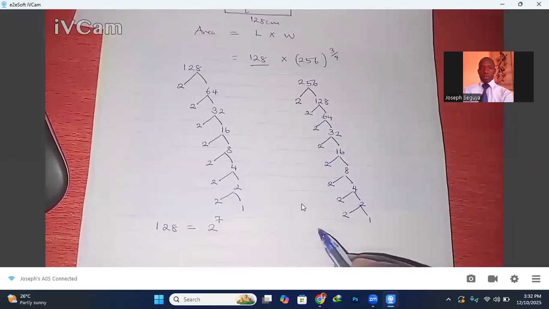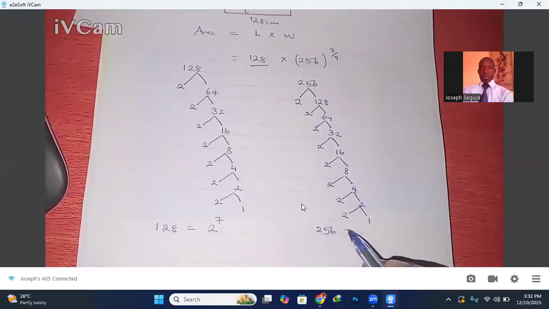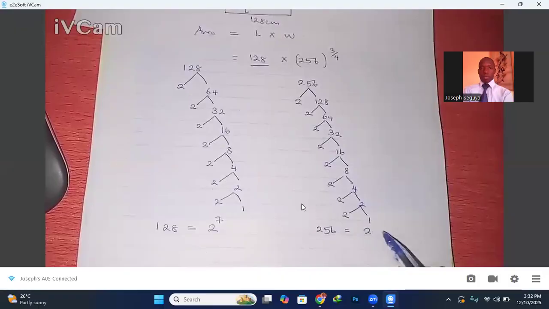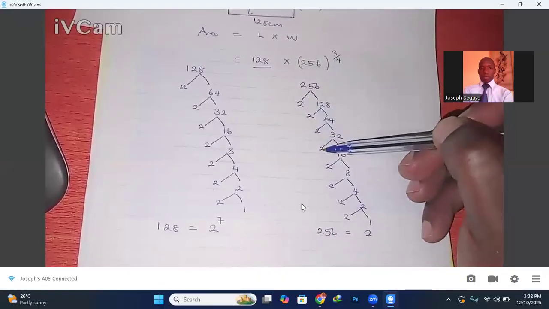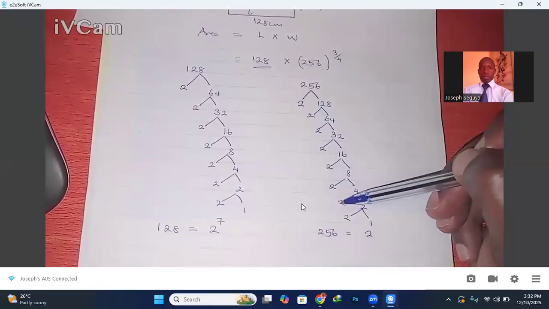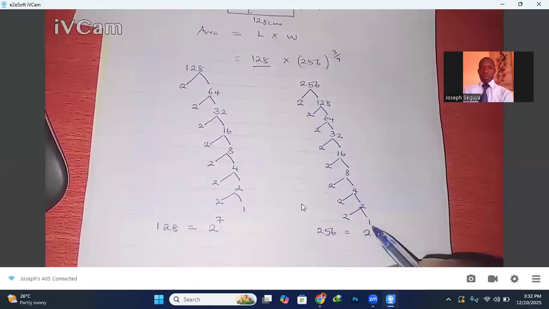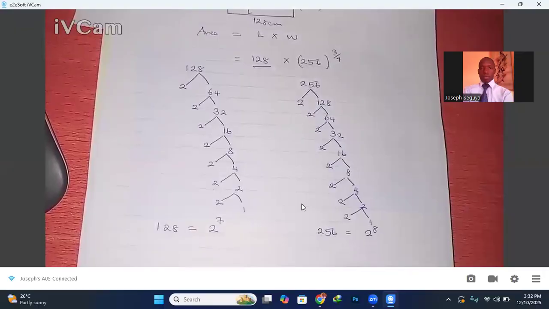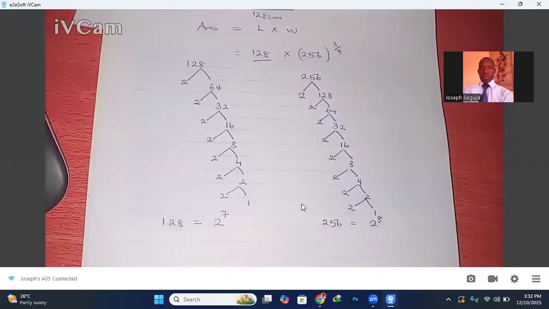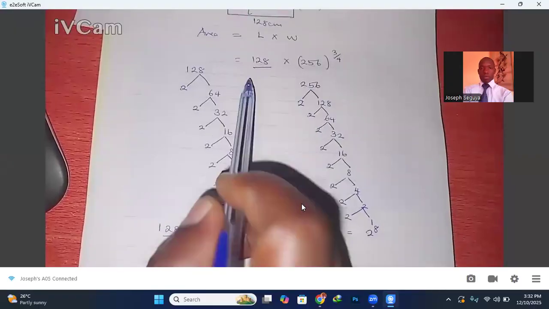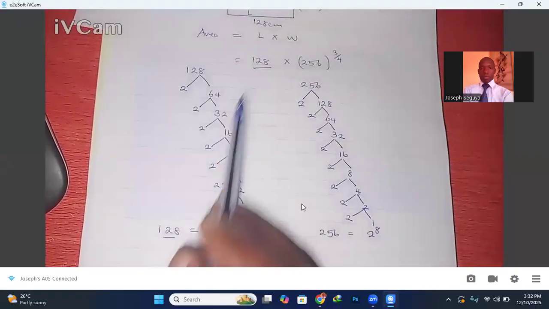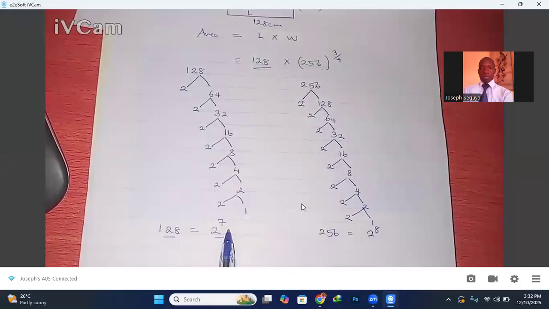Therefore, we can conclude that 256 is the same as 2 to the power 1, 2, 3, 4, 5, 6, 7, 8. 2 to the power 8. Okay, so now after getting this and this, where you have 128, you replace it with 2 to the power 7.